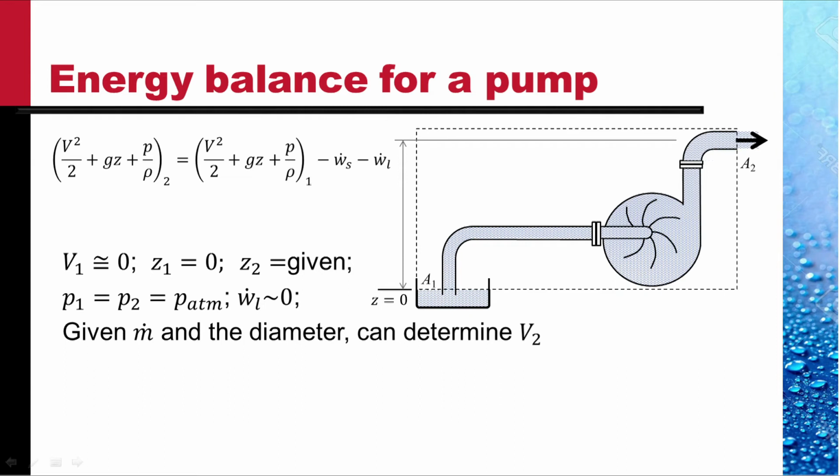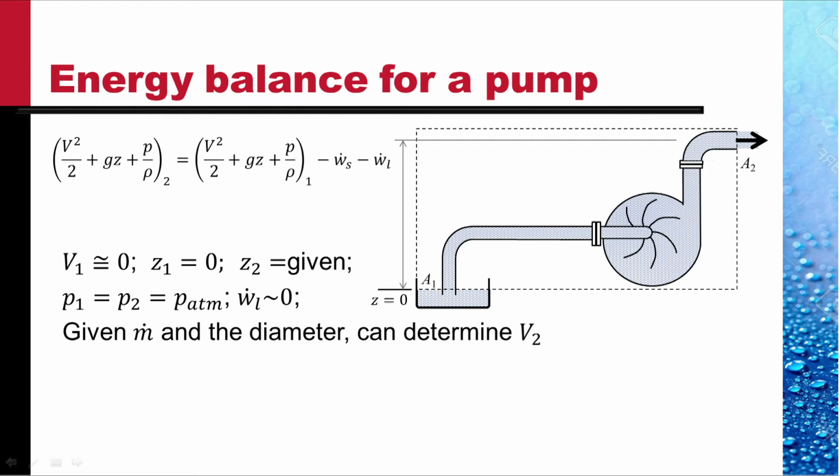So, Ẇ_L is taken as 0. Now, we are given ṁ, the mass flow rate through the pump, and know the diameter of the system. We can determine V2, the velocity through the pipe. Let's assume the whole pipe has the same diameter.